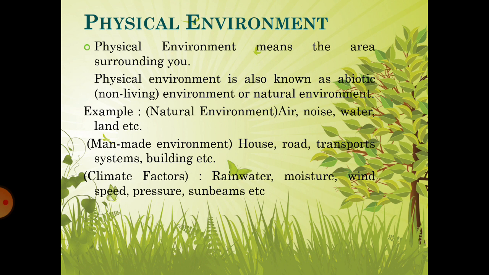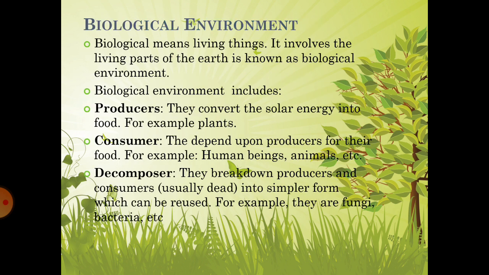Examples of physical environment are air, noise, water, land. These are examples of natural physical environment. House, roads, transport system, building, etc. are examples of man-made environment. Rainwater, moisture, wind speed, pressure, sunbeam. These are the climate factors of physical environment.